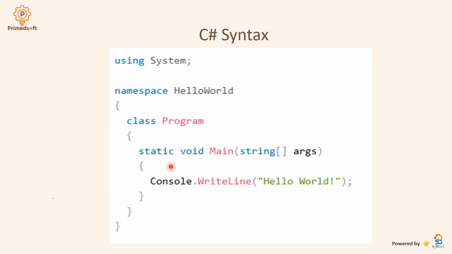Let's say you don't want to run a particular line of code, or you added a comment on this code, and you say this code is to print hello world, right? And you want to comment it because you don't want it to run.